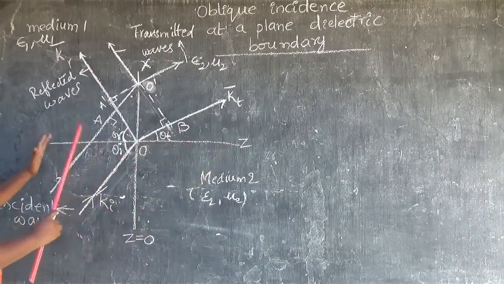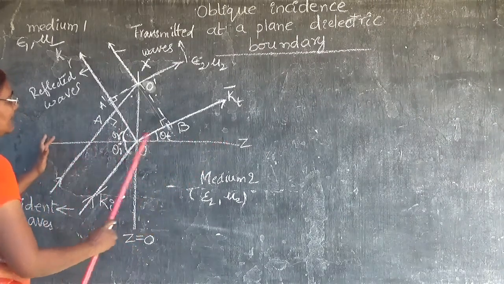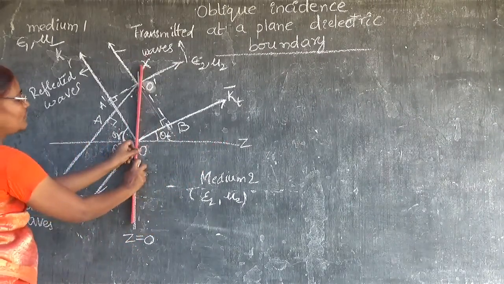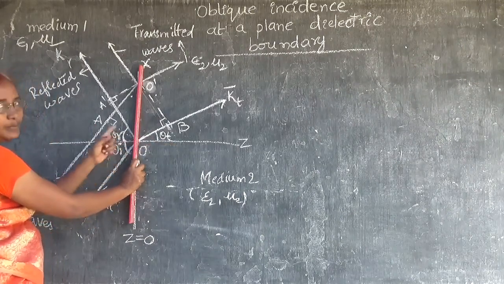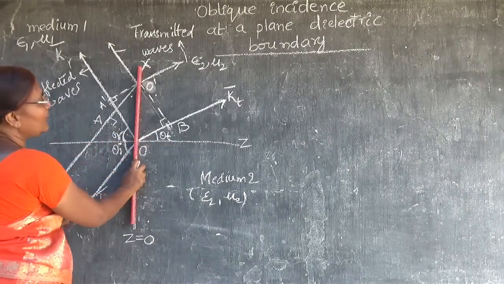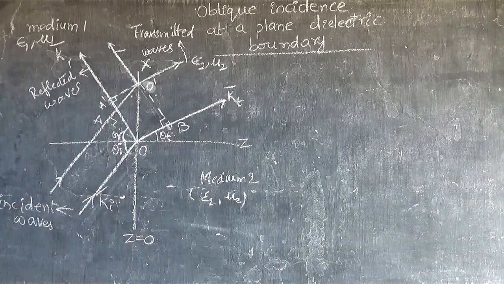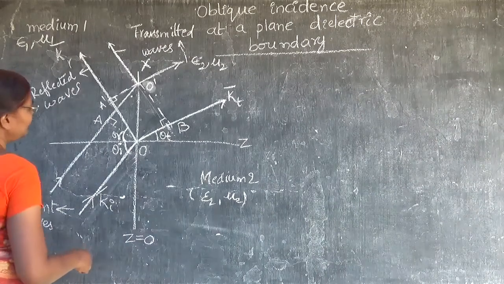So this is the normal of the boundary. This is my boundary surface and this will be the normal, and every angle will be made with respect to the normal. So now, I will consider one thing here.